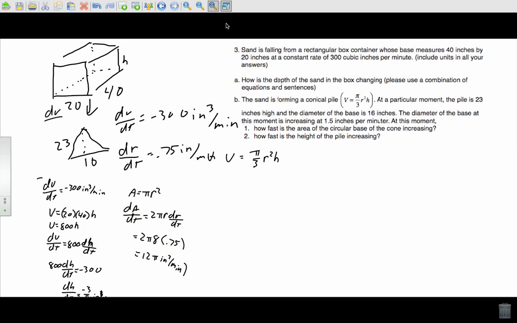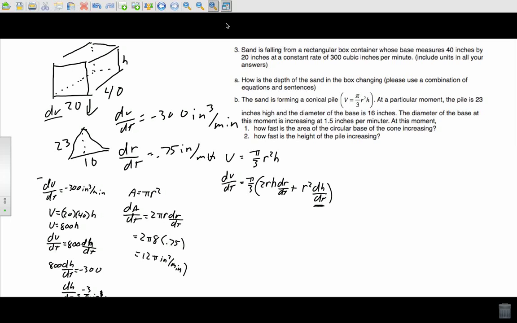So if I want to find the change in volume over time, that's going to be pi over 3, and I'm going to leave that out front, 2rh dr/dt plus r squared dH/dt. Now, we're trying to find dH/dt, which means we should know everything else.